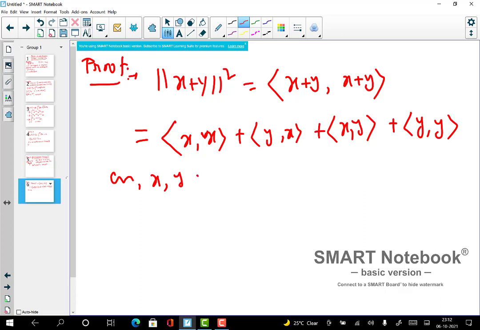Now you see that as x and y are orthogonal, both this and this are 0, right?